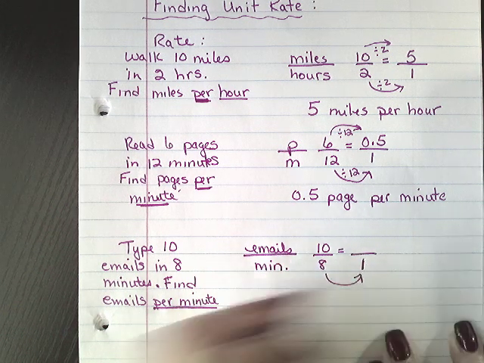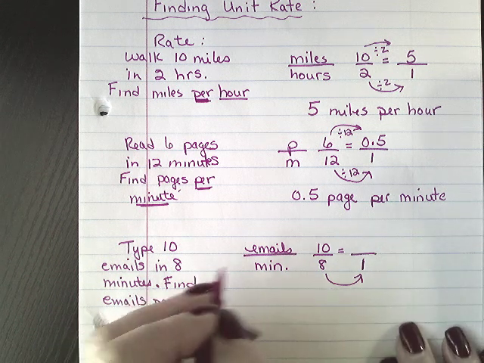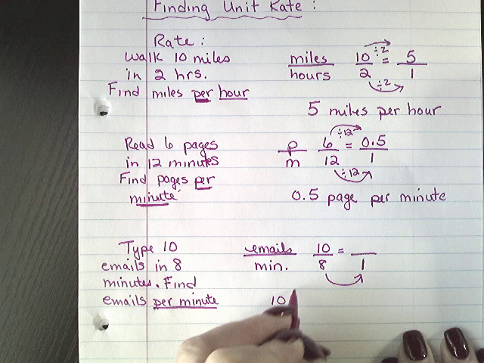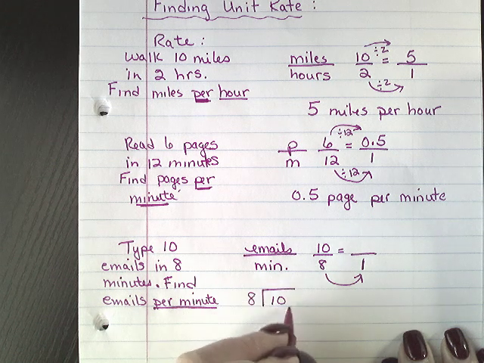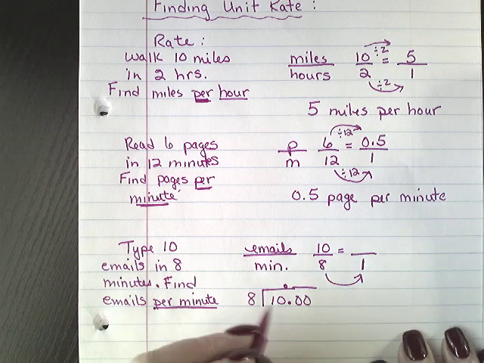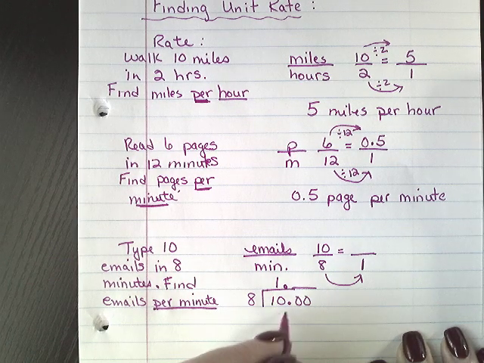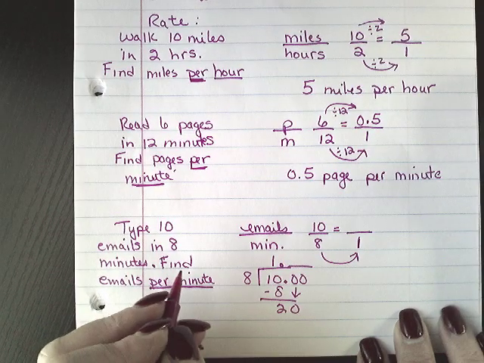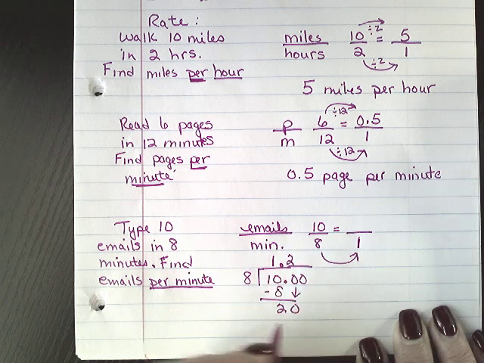Now that has to be 1. So what do I need to do? I need to divide. So I'm going to take 10 and divide it by 8. Add a decimal point and a couple zeros. 8 goes into 10 once. Bring down the 0. 8 goes into 20 2 times.